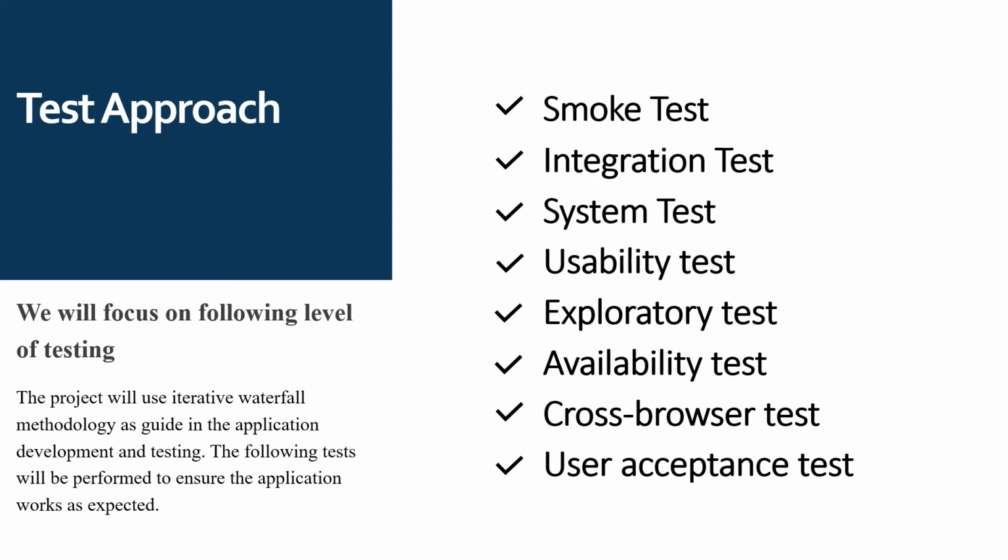In the system test, we will make sure all behavior of the whole system works together smoothly in both user mode and admin mode. For the usability testing, this test will be performed to determine how easy it is for a user to navigate the interface of the application that was developed.